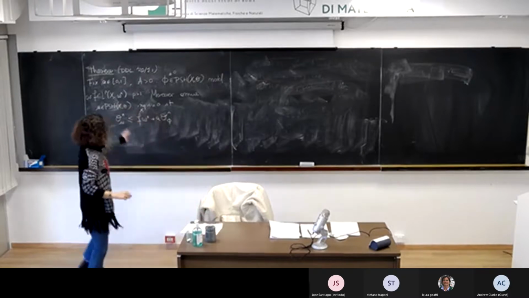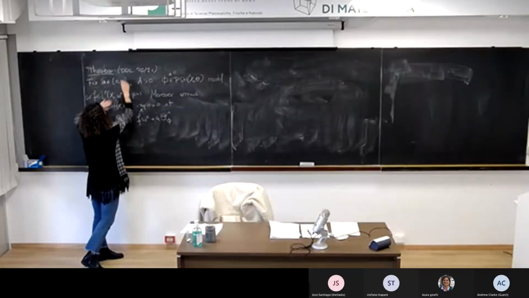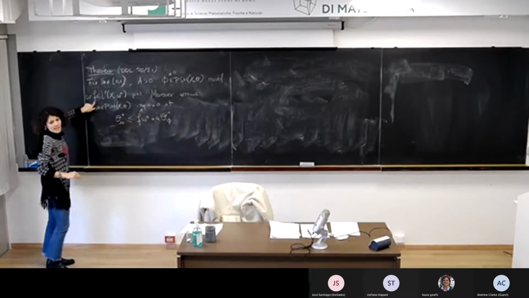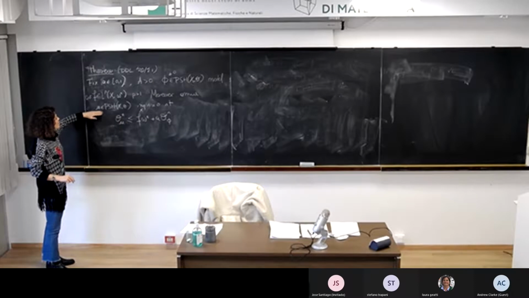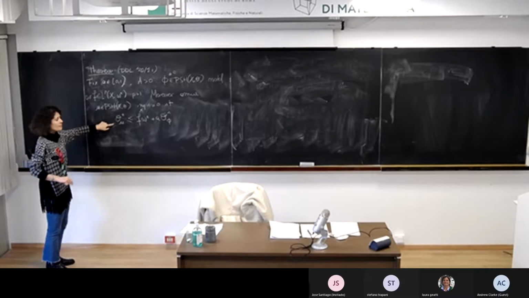So here we are assuming, I gave you two numbers, one and two. I gave you a model potential, I gave you a density, and then I say, okay, we assume that we have a theta-plurisubharmonic function u satisfying this property at the level of measures.